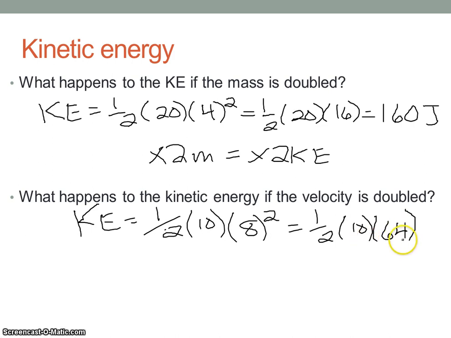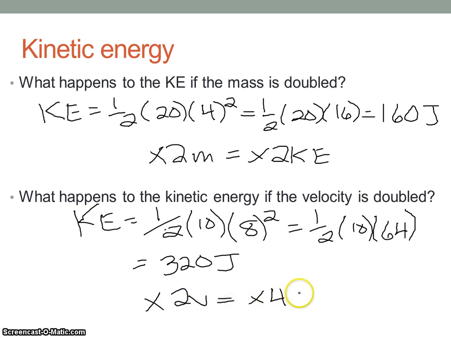Okay, so 64 times 10 is 640. And half of 640 is 320 joules. So it looks like if you double the velocity, the kinetic energy goes up by a factor of 4. And that's all because of this little thing right here. That squared really has an influence on the amount of kinetic energy.